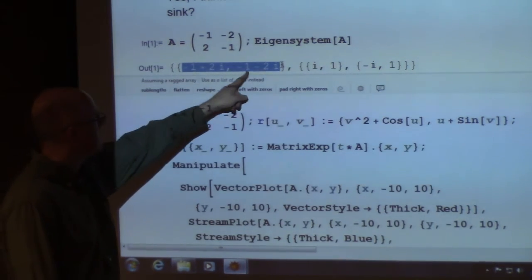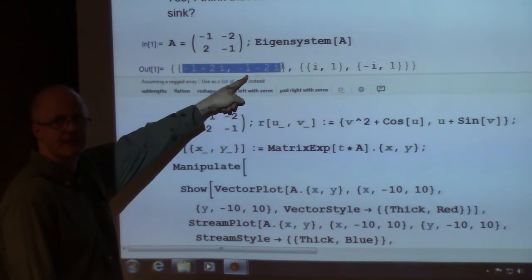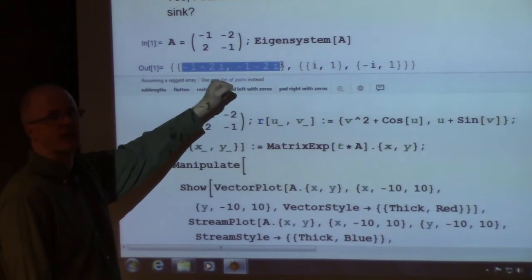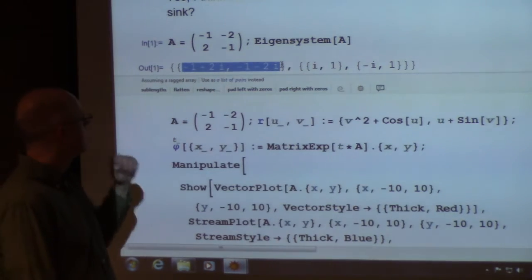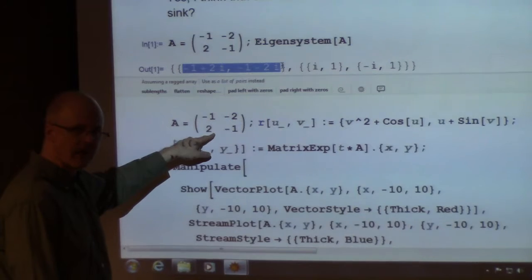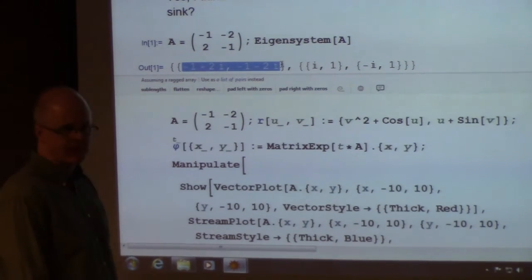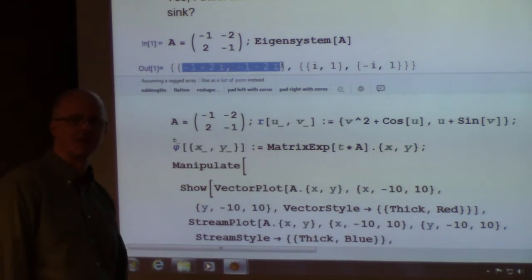The fact that the real part is negative means you're going to have a spiral sink. If the real part had been positive, you would have a spiral source at the origin. The origin still is the only equilibrium point because the determinant of that matrix is non-zero. What if the real part's 0? Then you have something called the center.